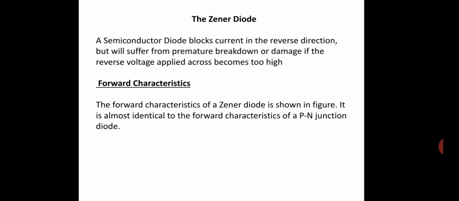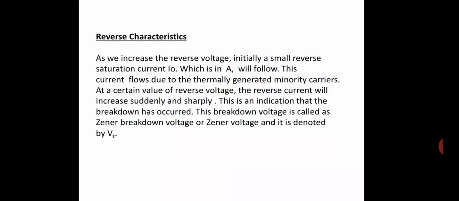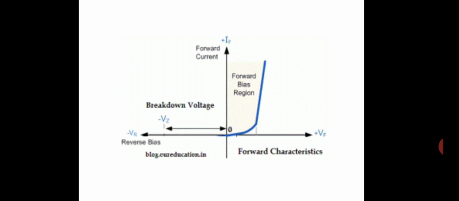The forward characteristics of a Zener diode are shown in the figure. They are almost identical to the forward characteristics of a PN junction diode, like this. This is the forward condition, the blue lines.